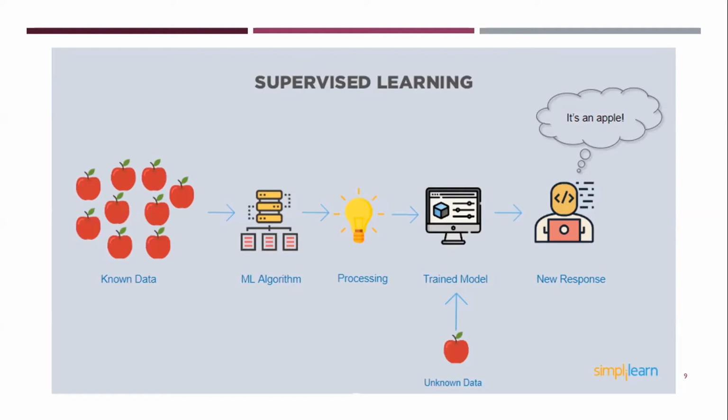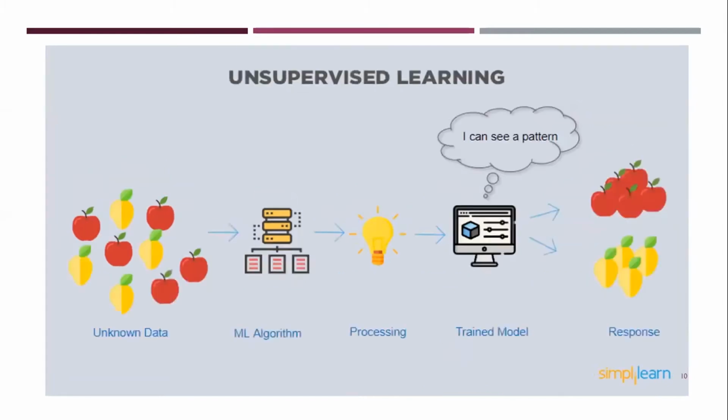So with supervised learning, you know the labels of the data that you have. But when you move to unsupervised learning, you don't know the labels that you have. But through the algorithm, the machine gets trained and is able to determine the pattern in the data based on the attributes of the data.